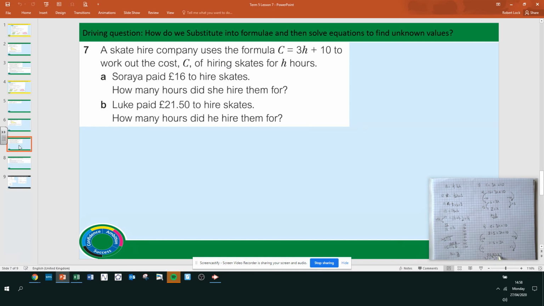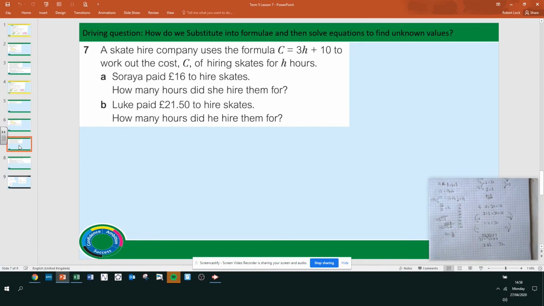So we end up with a recurring decimal. So he borrowed skates for 3.83 recurring hours. Now, 0.83 of an hour. Let's get my calculator out for this one.